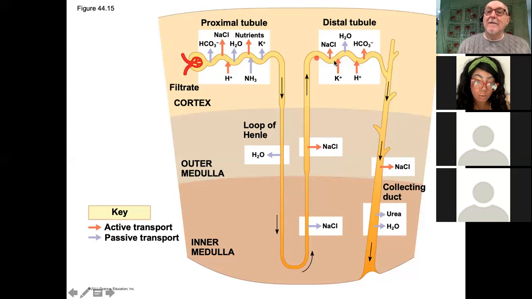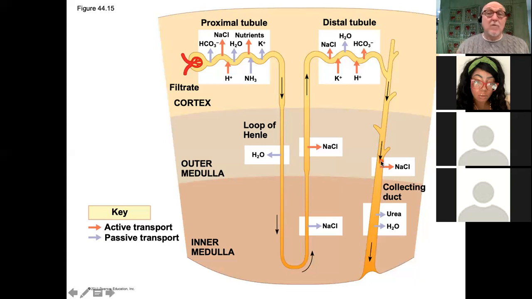As it comes up to the distal tubule, again, there's ion regulation to regulate pH of the blood, and other ions may be recovered as well. That's the loop. Then the collecting duct.